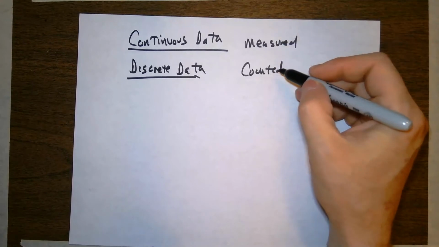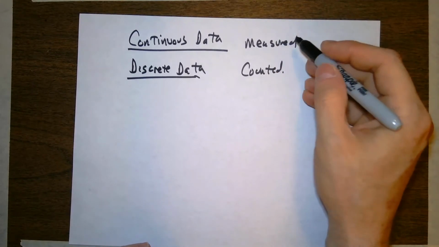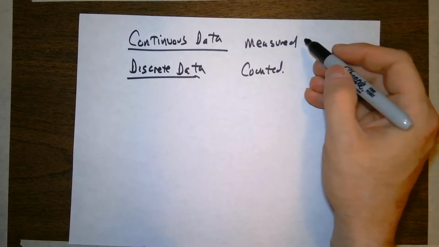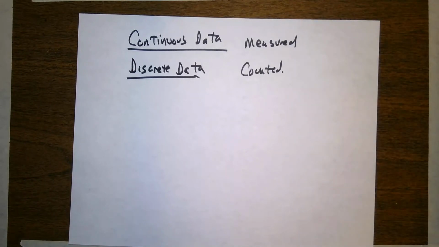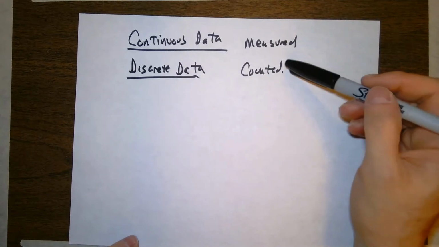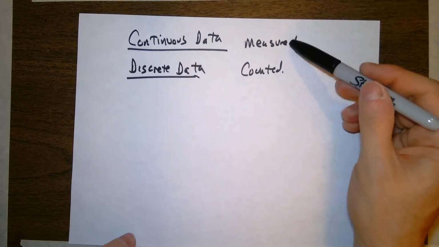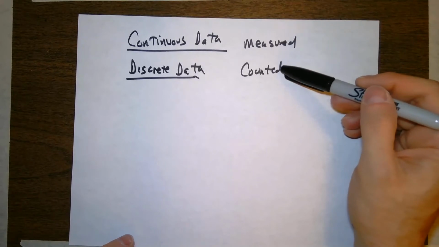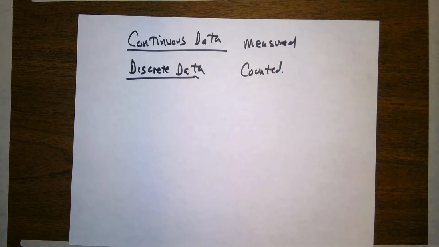So the discrete data is counted. Continuous data is something that is measured. All right. So once we've decided our data, we can work with both of these, measured or counted data. We can do our univariate data with these.